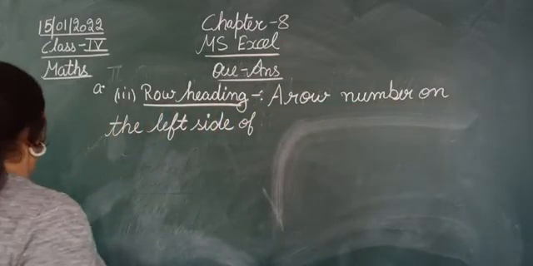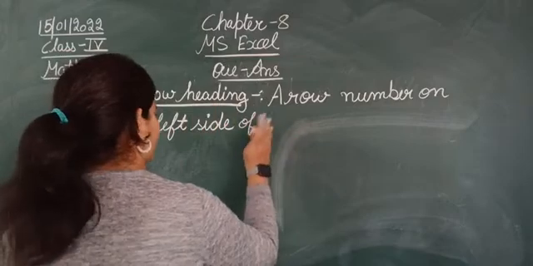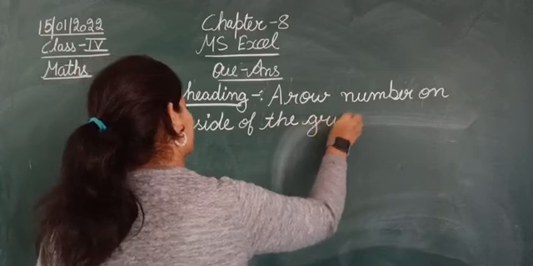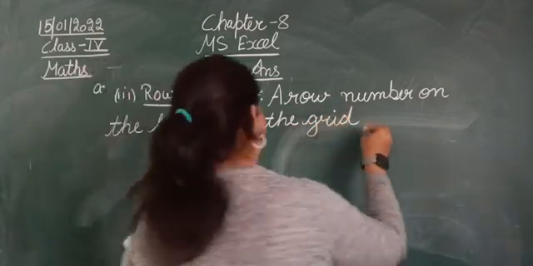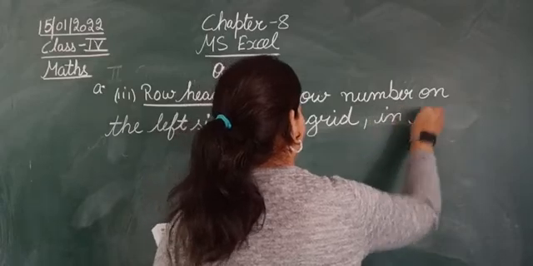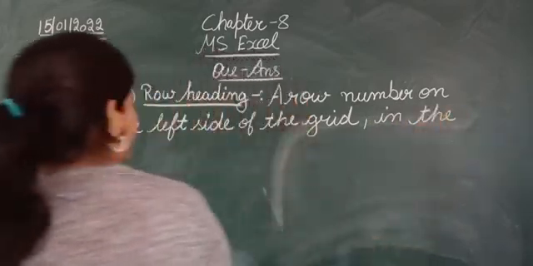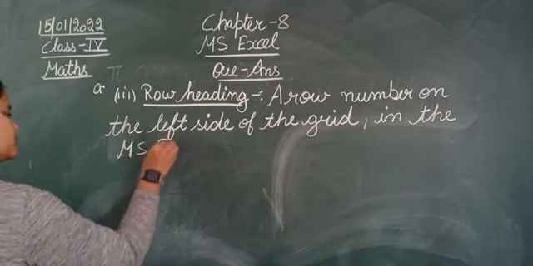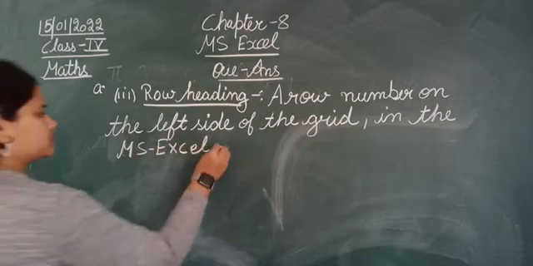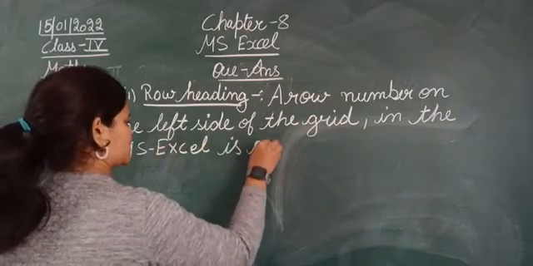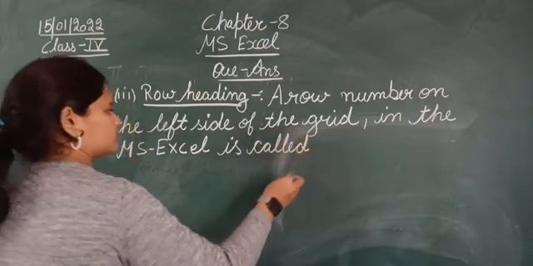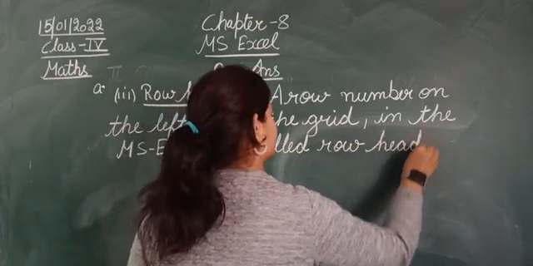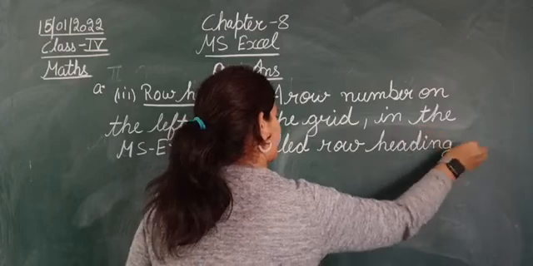A row number on the left side of the grid in the MS Excel is called row heading.